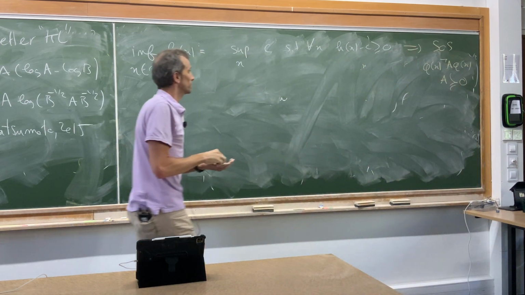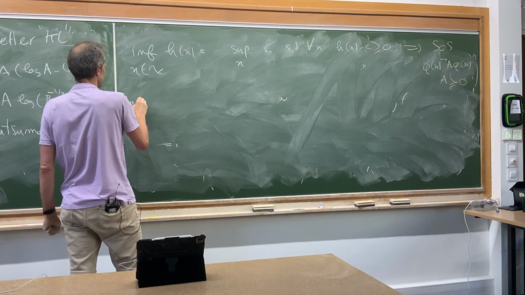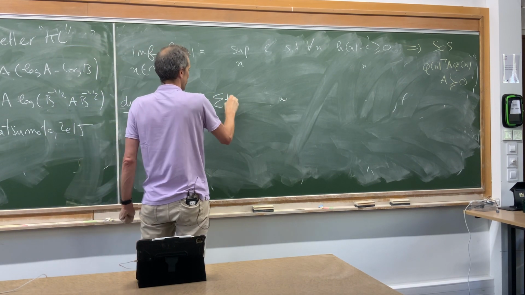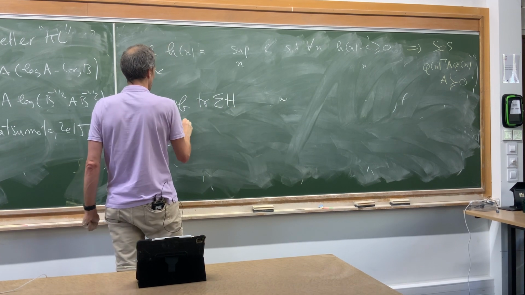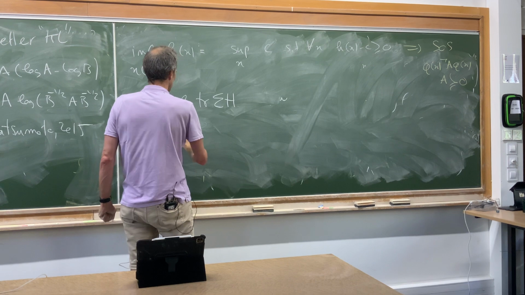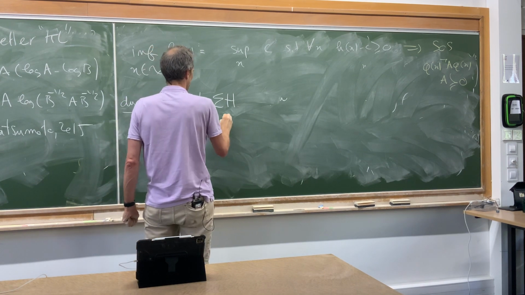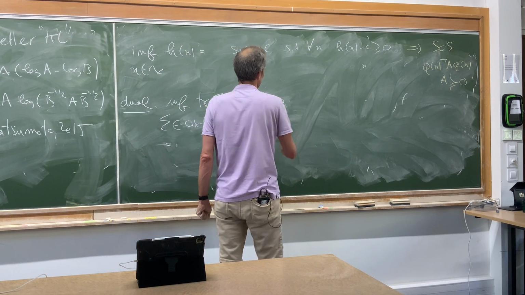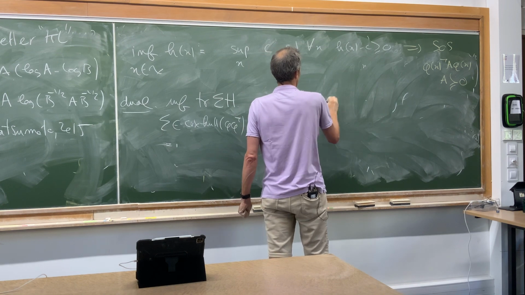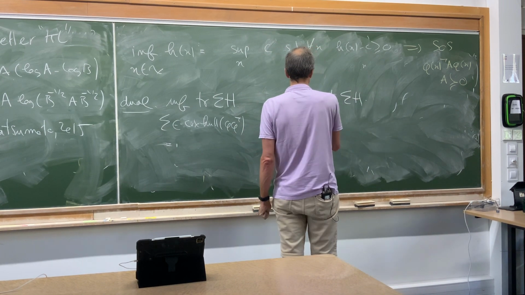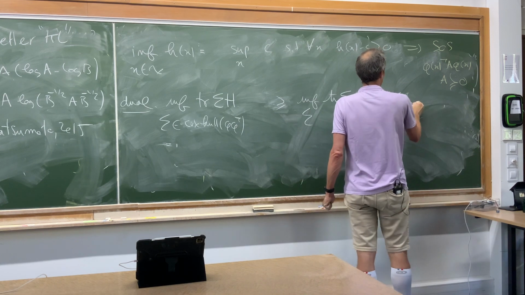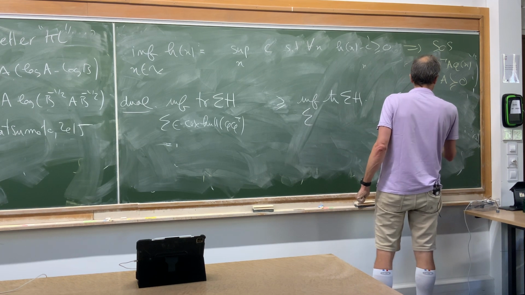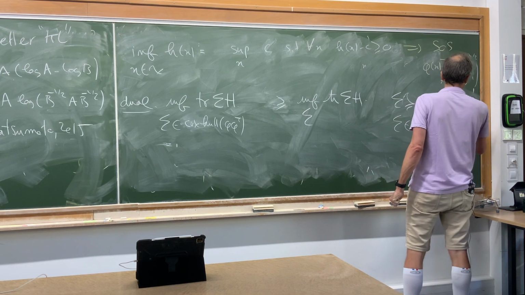So this is a primal view, and we have the dual view, which is the inf over the trace of sigma h, where sigma is in the convex hull of phi phi transpose. This is bigger than the inf of trace of sigma h for sigma PSD and sigma in the affine hull of phi phi transpose.